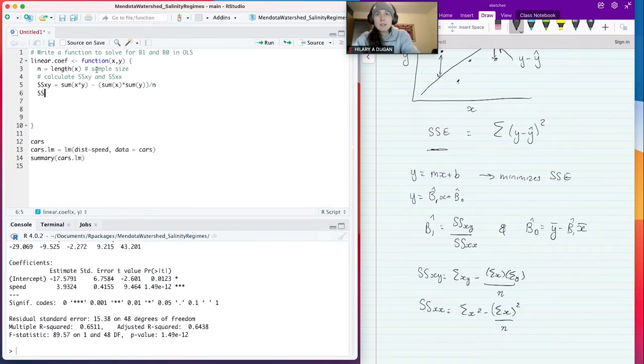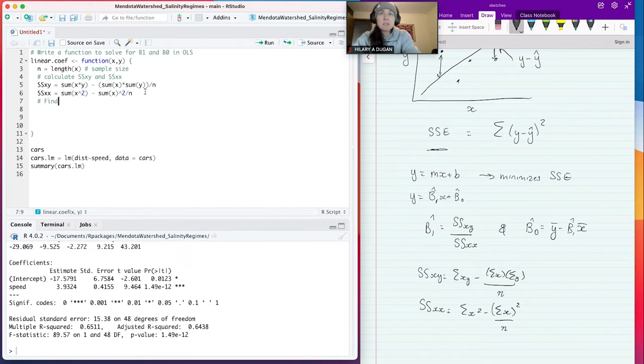And then SSXX equals the sum of x squared minus the sum of x, squared, divided by n. And so you can see how we've now translated these equations into our code. And it's actually pretty straightforward to do that.